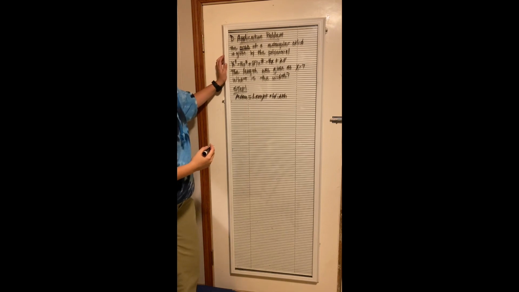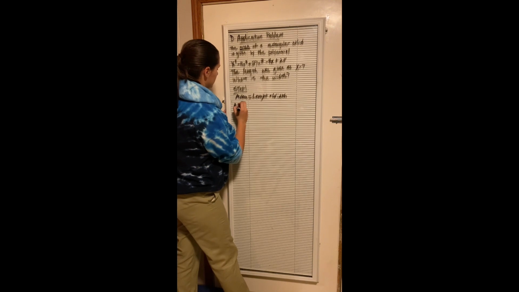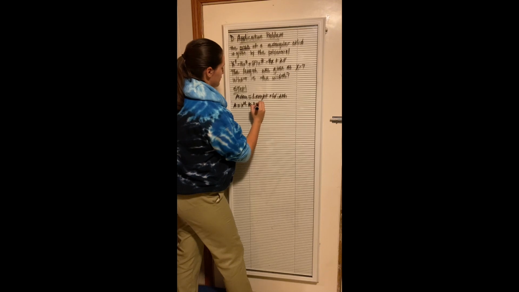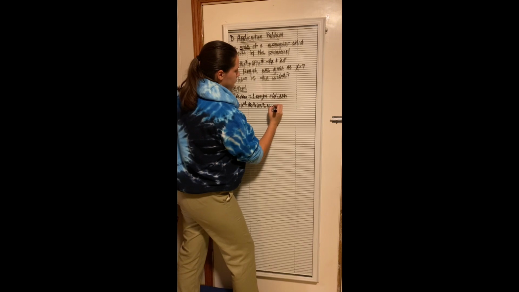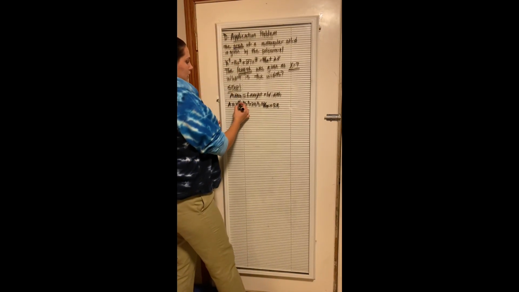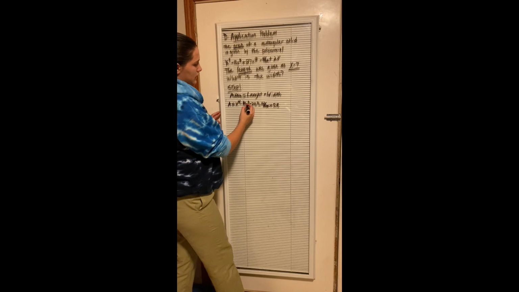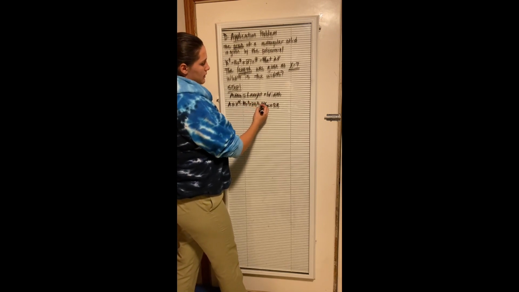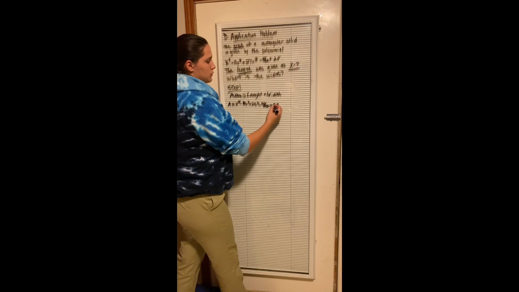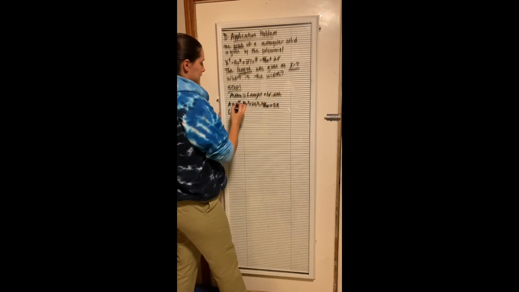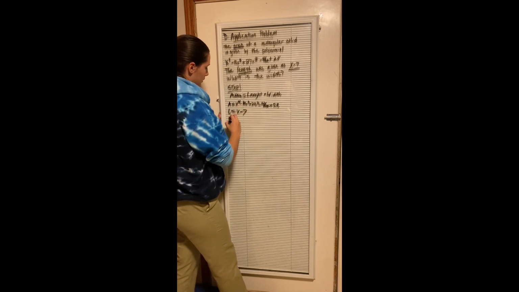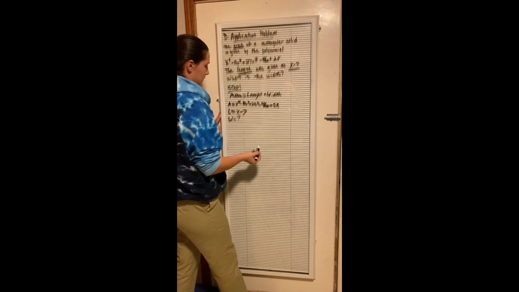So then you go on to see that your area is equal to x to the 4th minus 10x cubed plus 27x squared minus 46x plus 28. Your length is equal to x minus 7, and your width is unknown.